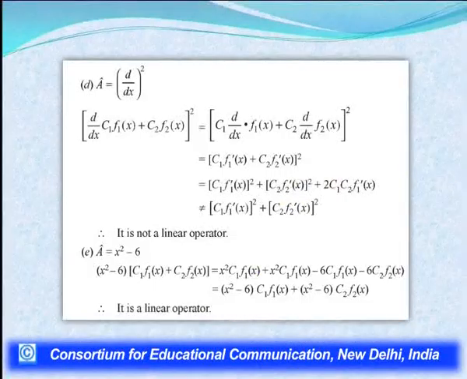So x square c1 f1x plus x square c2 f2x, and then minus 6 multiplied with c1 f1x, and then 6 multiplied with c2 f2x. So by this you can see that you can apply x square minus 6 on the two functions separately. None of them is bothering the other one. Thus again x square minus 6 is a linear operator.